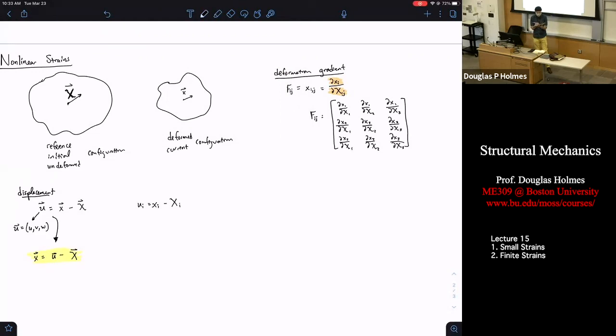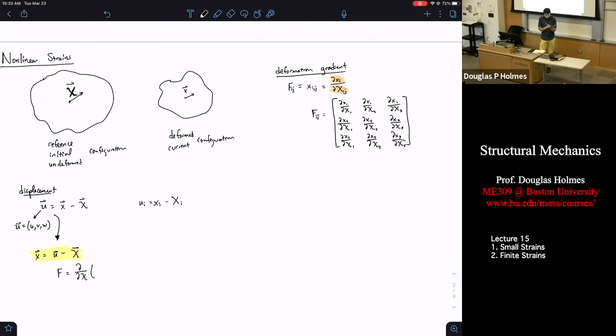So if I want to calculate F, I could say F is going to be the derivative of my stuff with respect to big X. And my stuff is what? Did I solve for that wrong? I feel like I did. Oh yeah, I totally did.